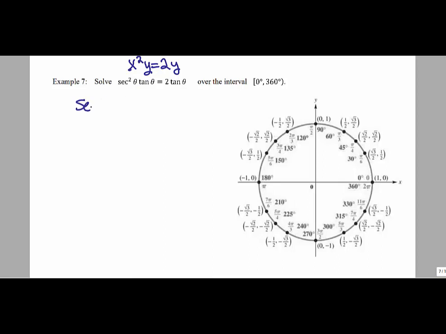So let's subtract 2 times tangent theta from both sides of the equation. So minus 2 times tangent theta equals 0.